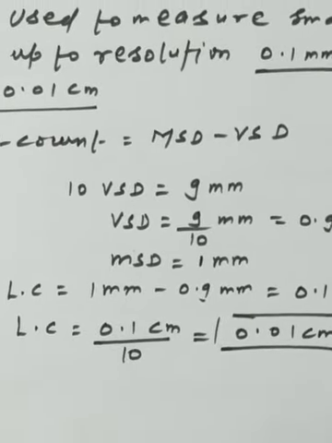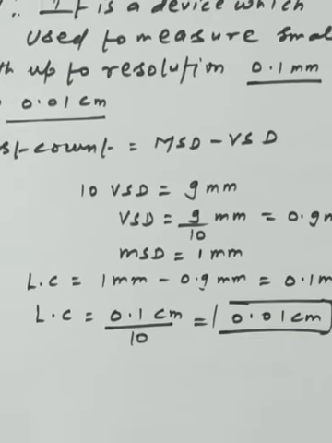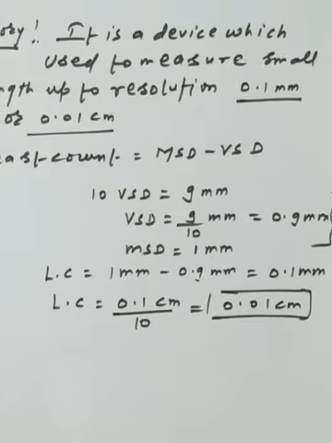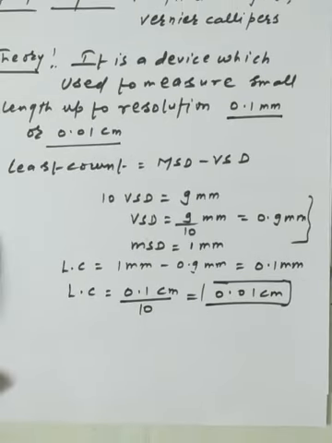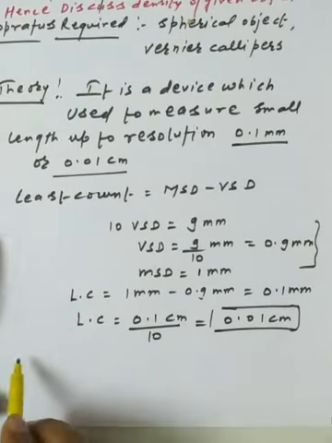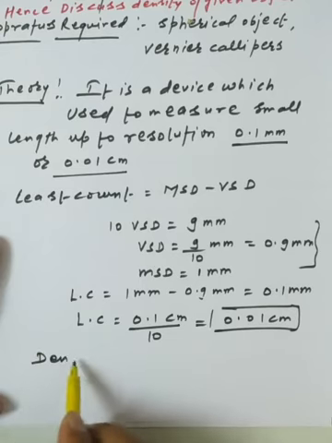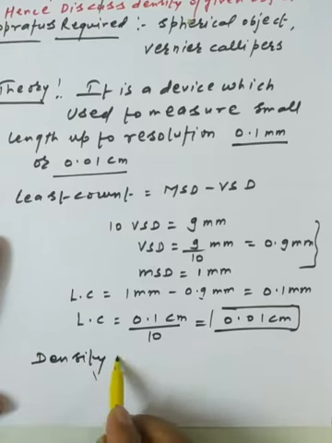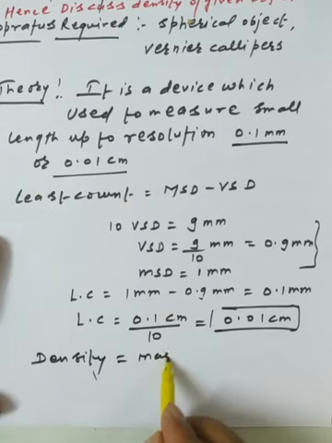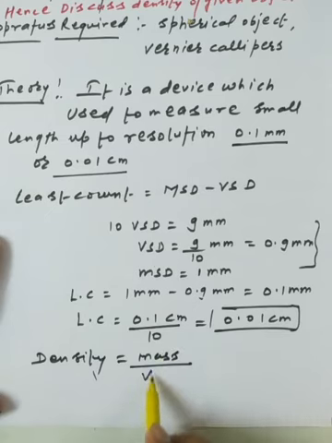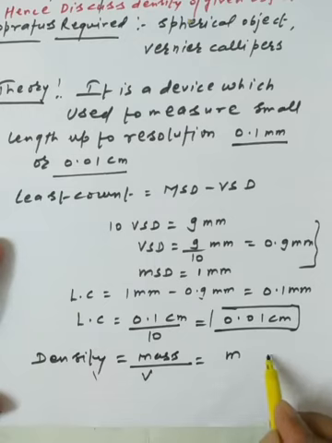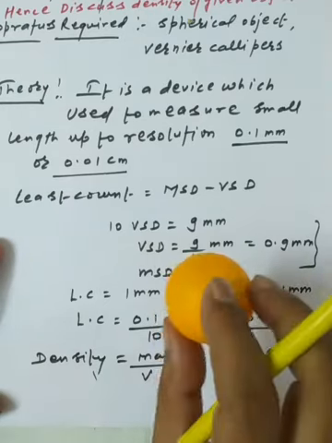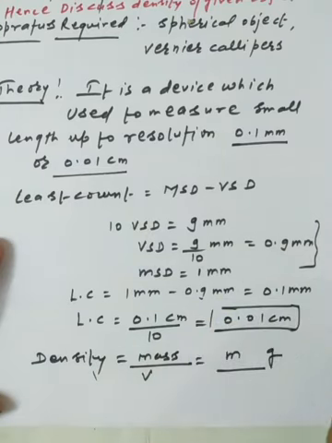Now here we also have to mention some basic formulas that we need to make the calculation. So I am approaching density. Density is the concept of mass upon volume. Suppose mass will be available in gram, because I have taken the ball, so I know very well what the mass of this ball will be.